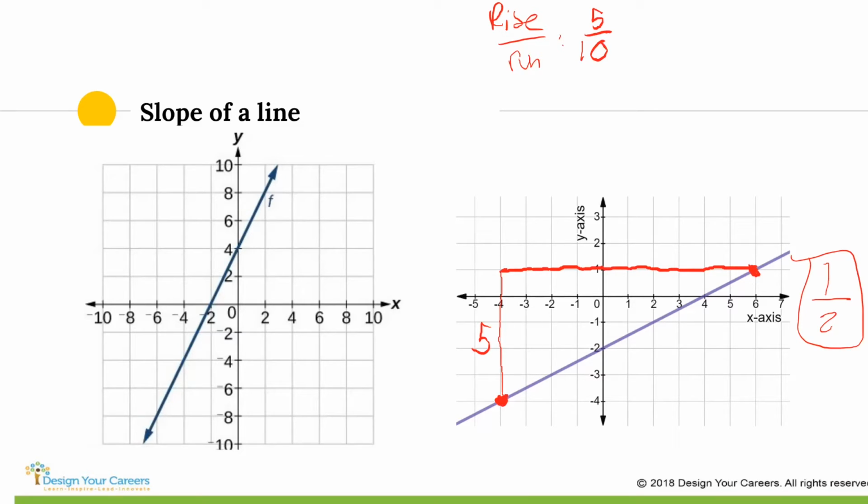Now, what do we know? We're simplifying fractions. What is 5 over 10, or 5 divided by 10? 1/2, exactly. So in simplest form, that value in simplest form will always be the slope of your line.